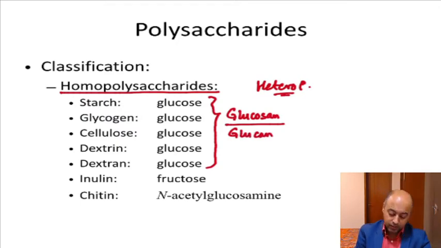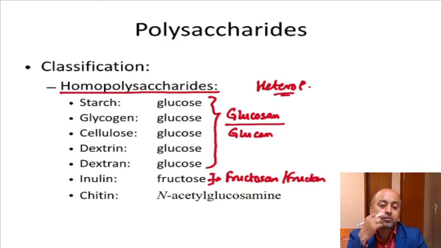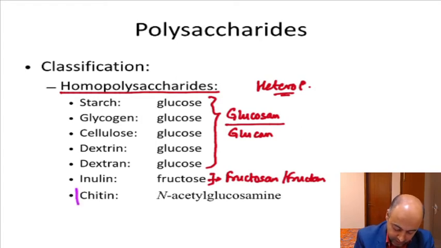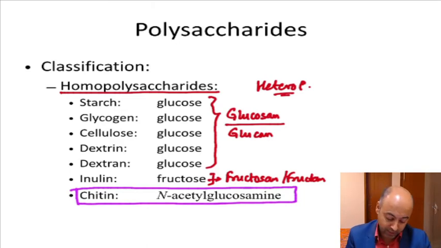On the other hand, if the building block is fructose, then we get the term fructosan or fructan. Please make special note that chitin is a type of homopolysaccharide where the building block is N-acetyl glucosamine. So chitin is also a homopolysaccharide.